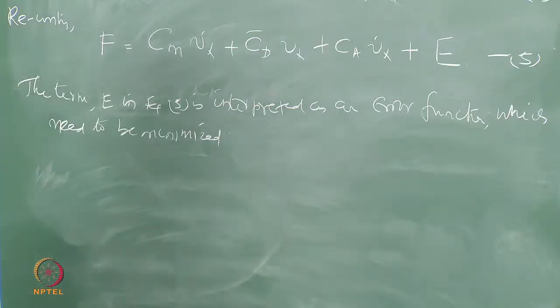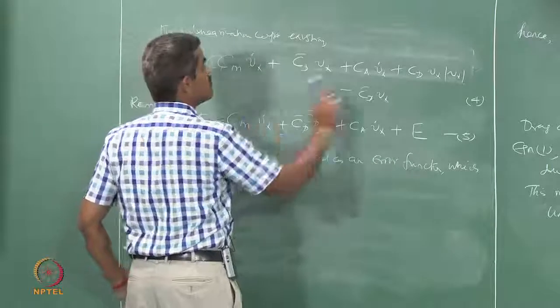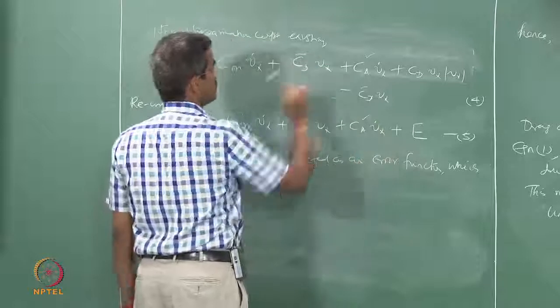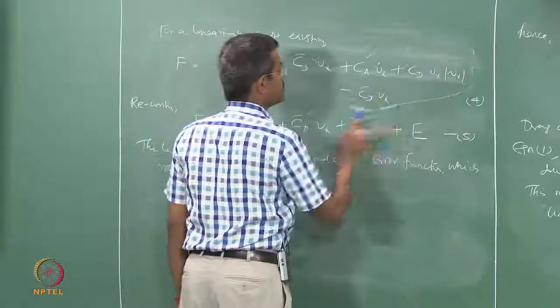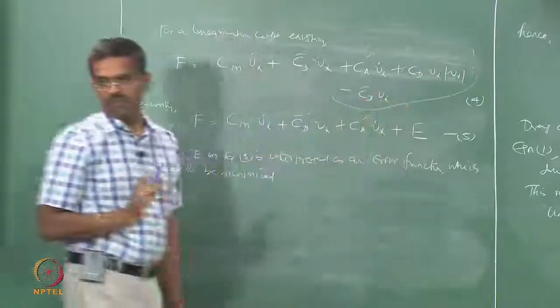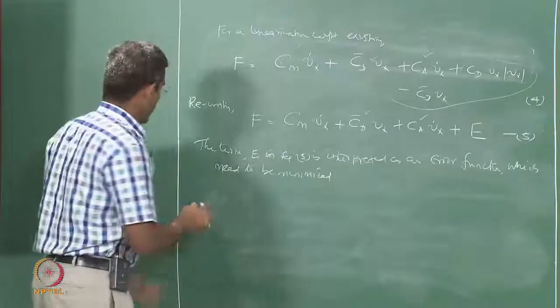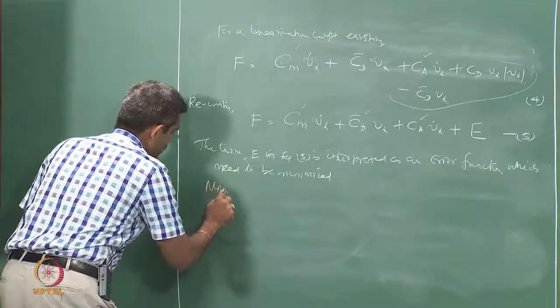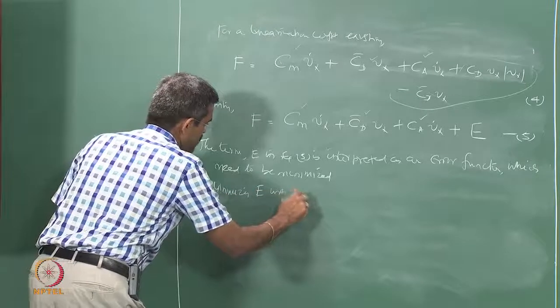Now if you look at the error function, this term is present, so it is a component of this, which is again a function of CD. So I have to minimize the error function with respect to CD. So minimizing E with respect to CD.